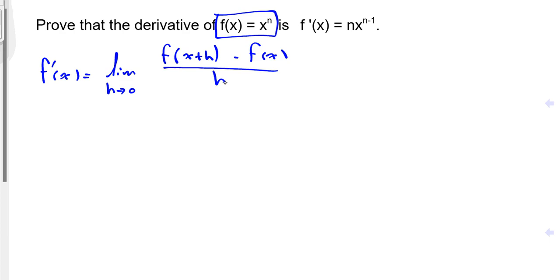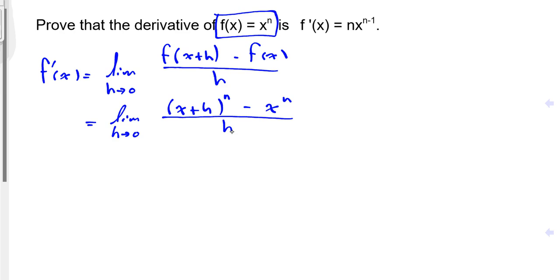Step one, we're good. Now we need to apply it to this specific function. Although it is kind of a generic function because we don't know what the number in the exponent is, it could be any real number. So I'll have x plus h to the exponent n minus x to the exponent n all over h.